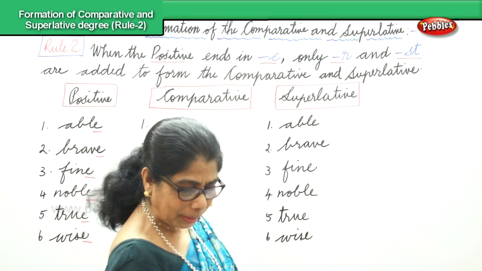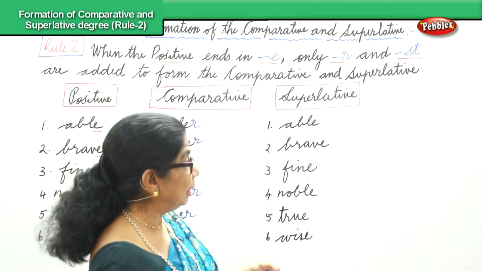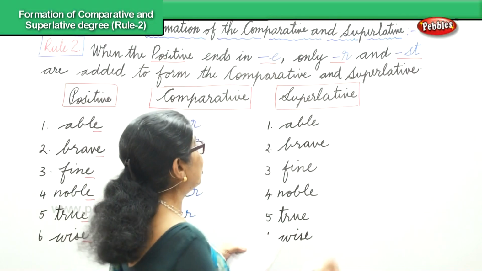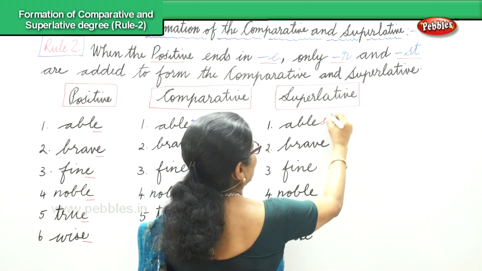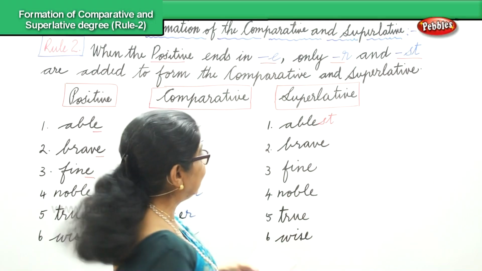We form the superlative by adding ST. So ablest, you just add ST.